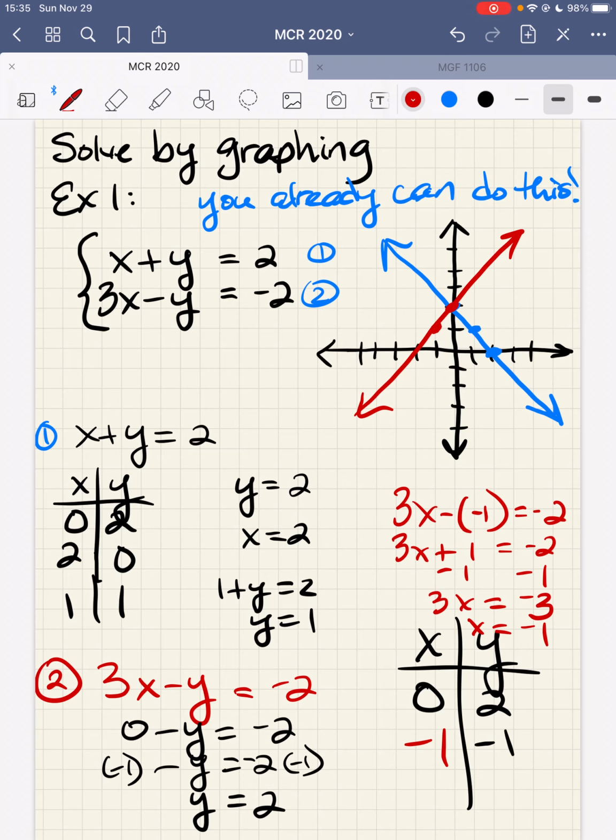And my solution for both of these is going to be 0, 2, because that's the point that I have in common in both my charts. But you don't necessarily have to have them on your charts in order for it to be a solution to your graph. So this is a scenario where we have one solution.